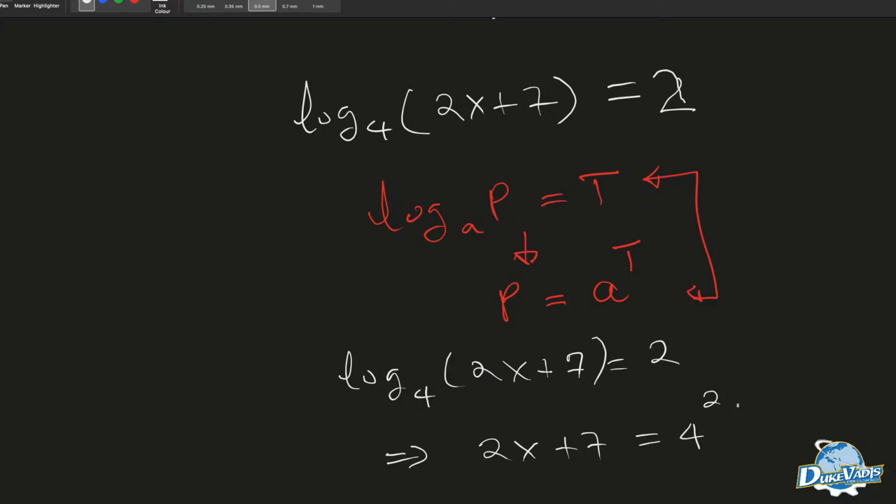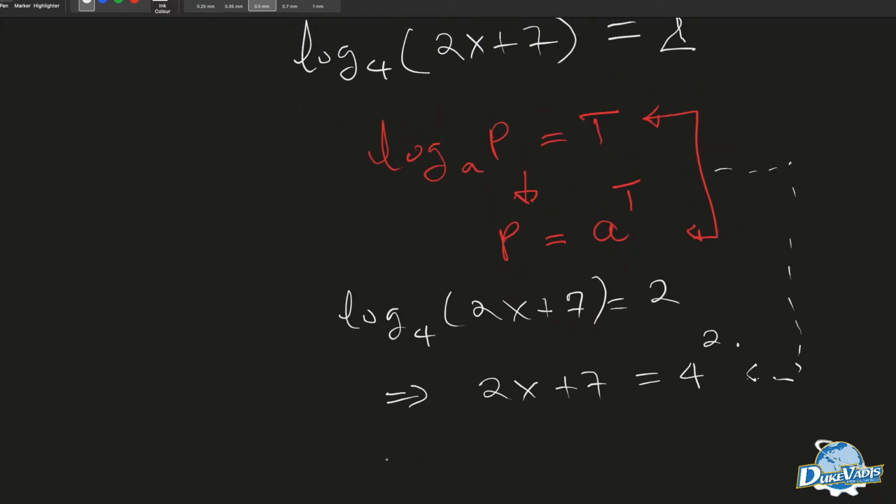Having said that, we have applied the same principles that we learned earlier. So straight on, we can see that 4 squared will be equal to 16. Have you seen that? When we square 4, we get 16.